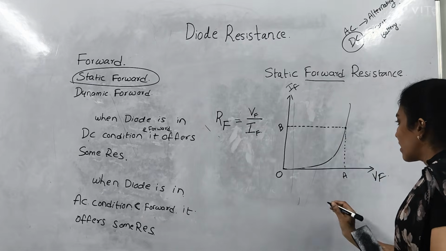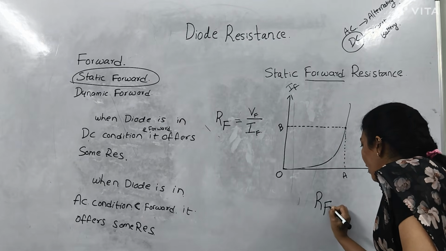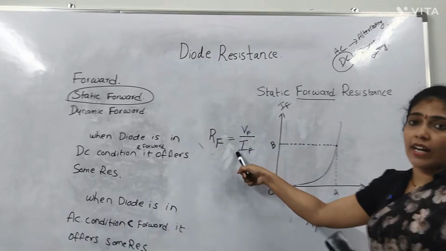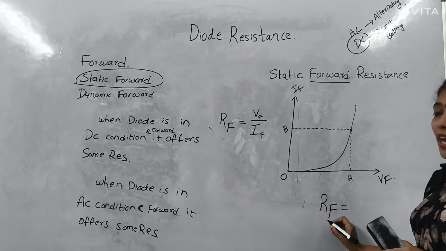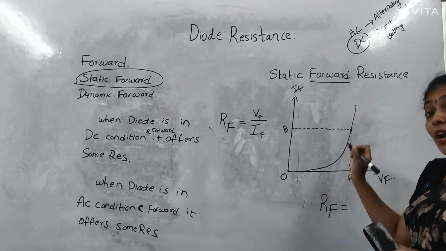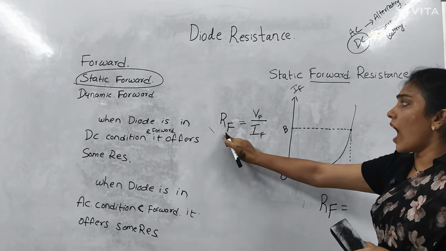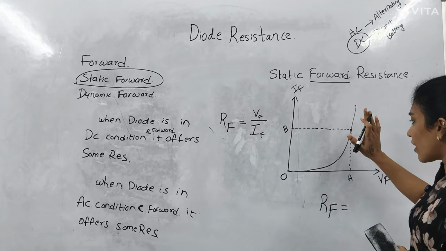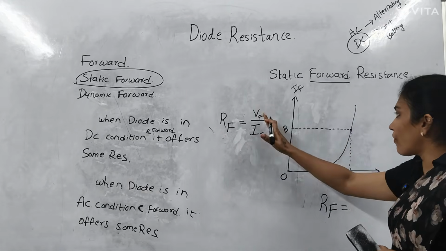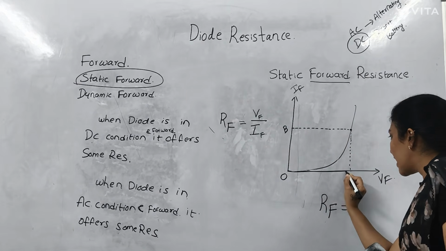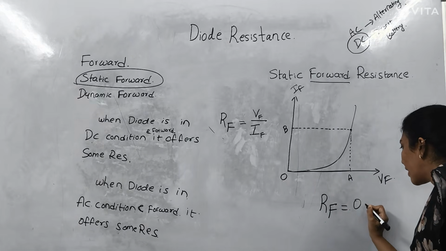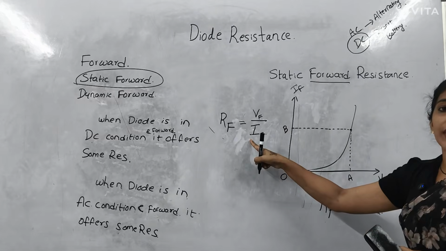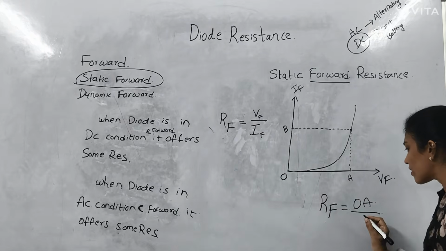RF equals the ratio of forward voltage to forward current. From the graph, the forward voltage is from the origin, that is OA, divided by the forward current, which from the graph is OB.